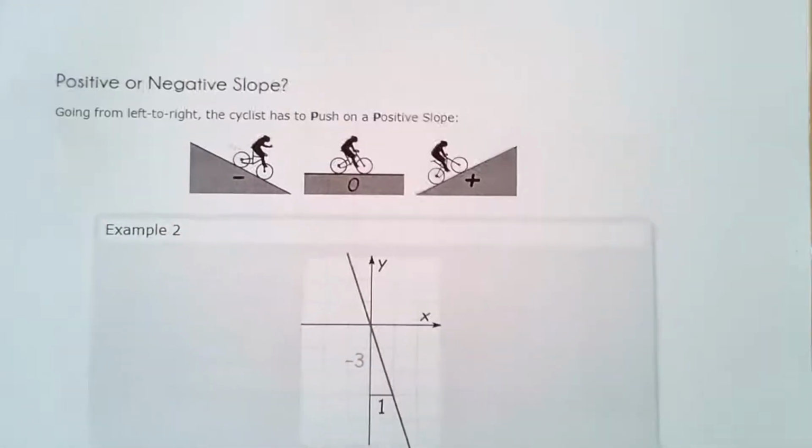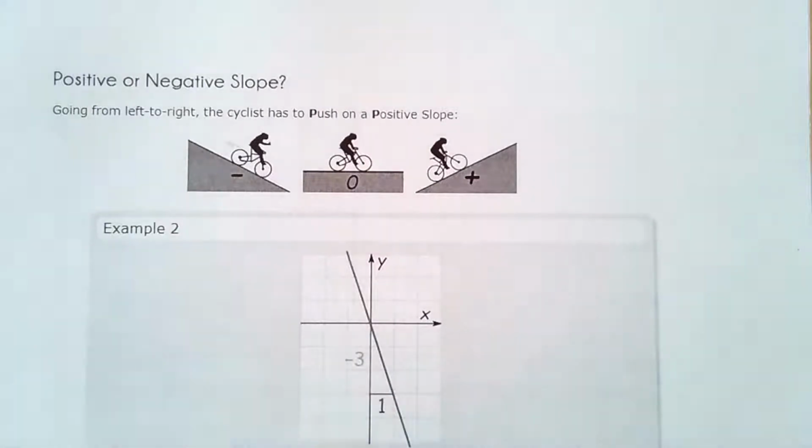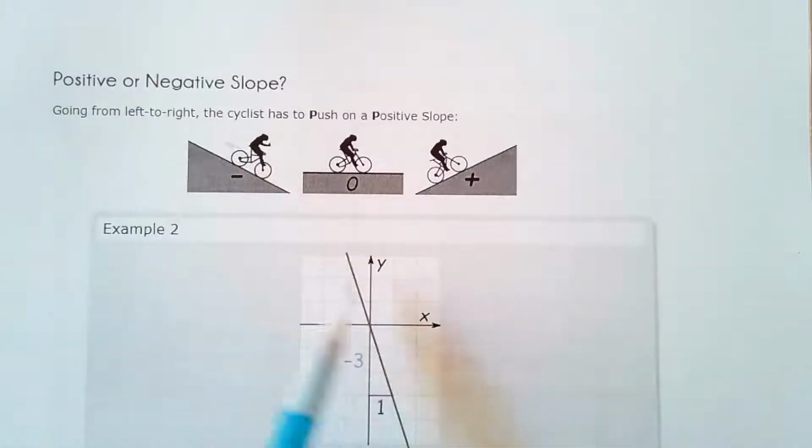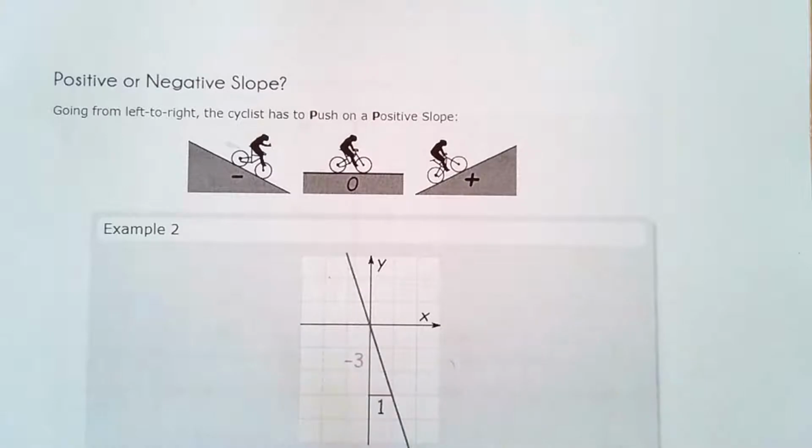This is another thing you have to remember. We did a question which was negative. If you have a negative slope, it's going the other direction. So if you have a line going from quadrant 2 to quadrant 4, that's a negative slope.